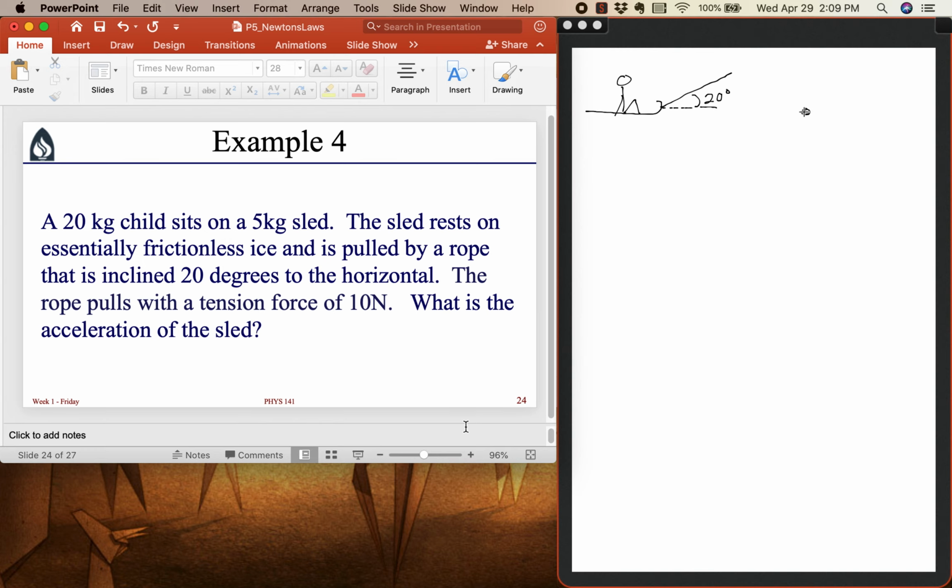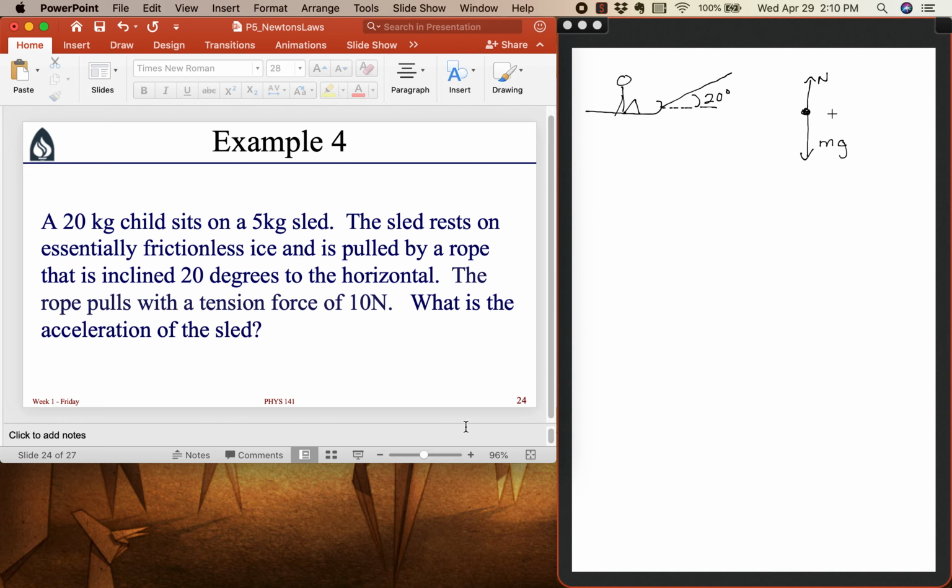So here's the dot representing the child plus the sled. And as always, I have weight pulling downward. Here the mass is the mass of both the child and the sled put together. Since the sled is sitting on the ground, there's going to be a normal force that is perpendicular, or normal, to the flat ground.